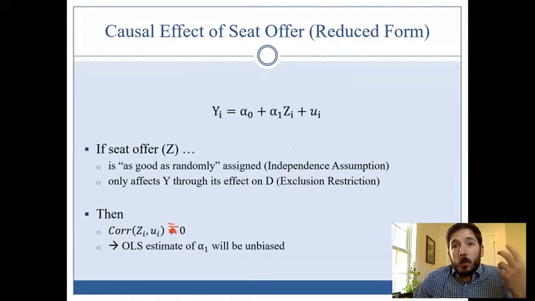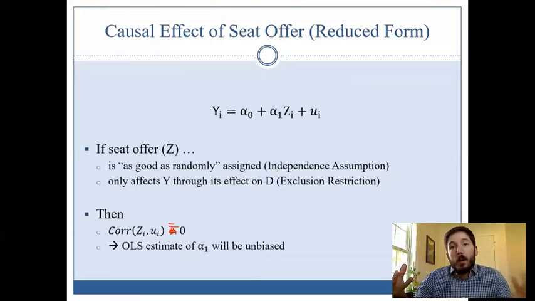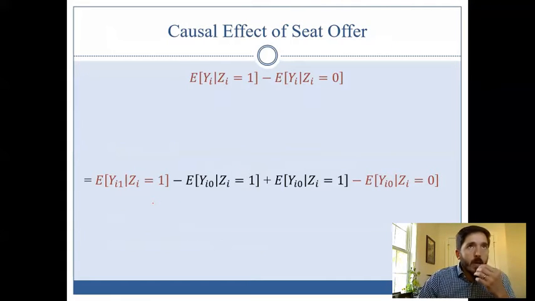So we have a nice situation to say, what is the average causal effect of being offered a seat at this charter school, which is nice. In a lot of cases, that's a useful thing to estimate, but it wasn't really what we wanted to get at in this case, right? We wanted to get the effect of attending this charter school.